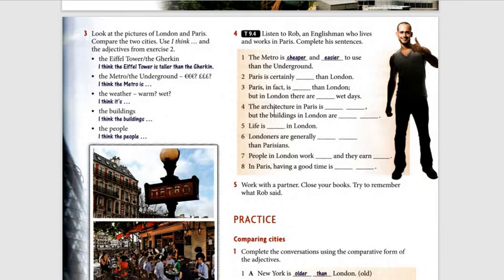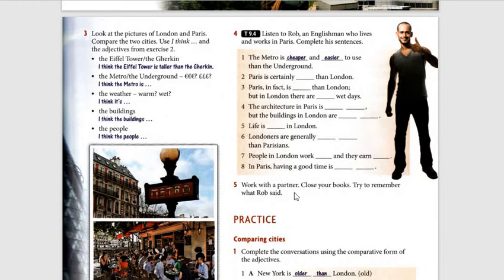Well, people say that the architecture in Paris is more beautiful, but the buildings in London are more interesting. And living in the two cities, well, life is faster in London. And the people, Londoners are generally more polite than Parisians. People in London work harder and they earn more. In Paris, having a good time is more important.